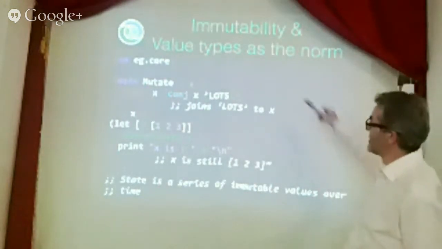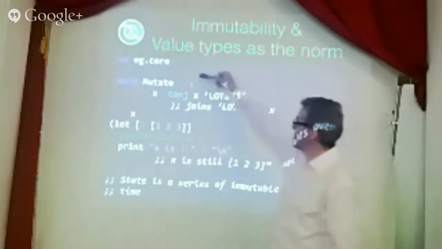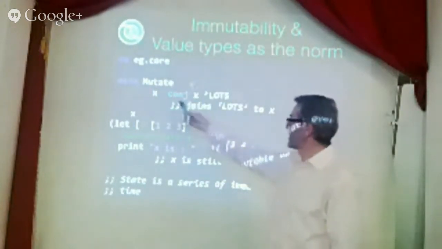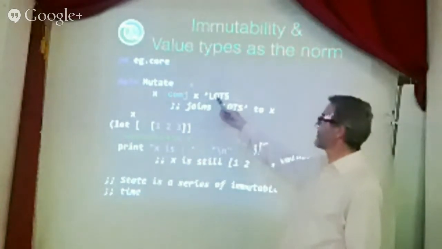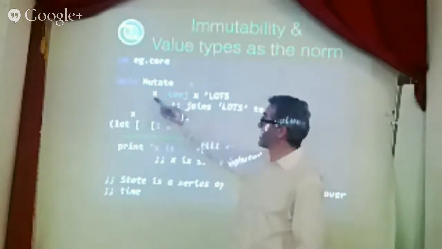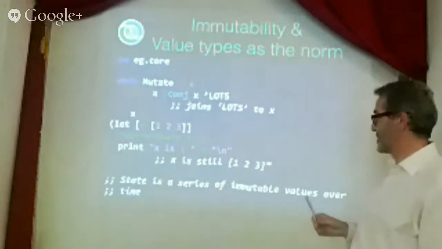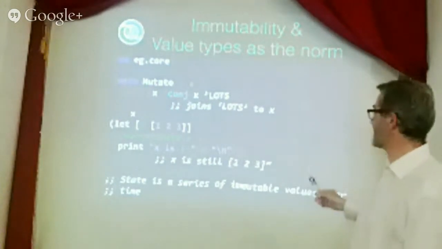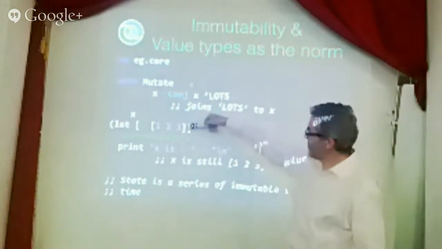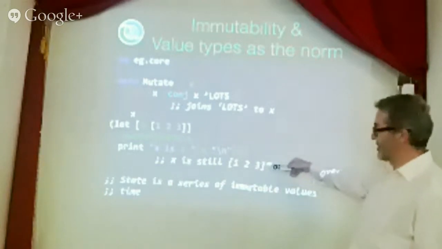So if you define a function that you want to mutate something, it takes a parameter x, it tries to add the word lots onto the end of x, and it tries to assign that to x. In fact, this will not change the value of x. You can reproduce this in other languages too. So start off with let x be 1, 2, 3, try to mutate it, and the result is x is still 1, 2, 3.